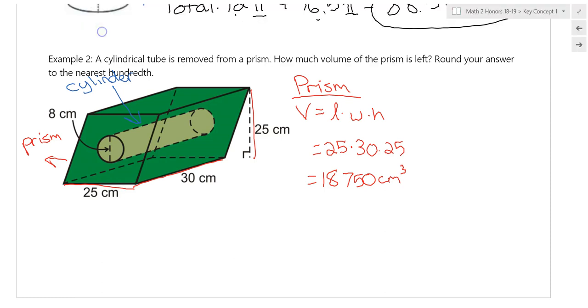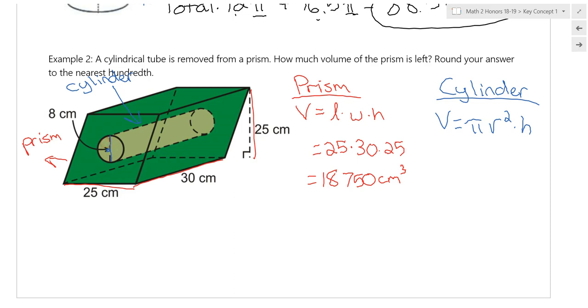Now for our cylinder, especially when you're taking something out, we have to be careful because you might have these hidden measurements. Gosh, there's so many bells going on. So again, volume equals pi r squared times height. So the first thing is this whole thing is 8.